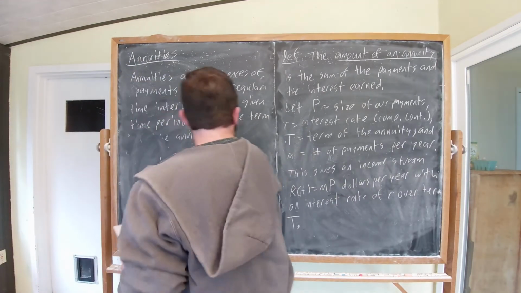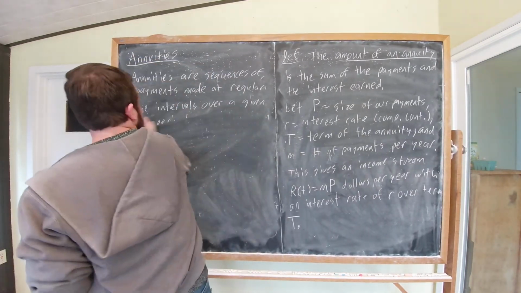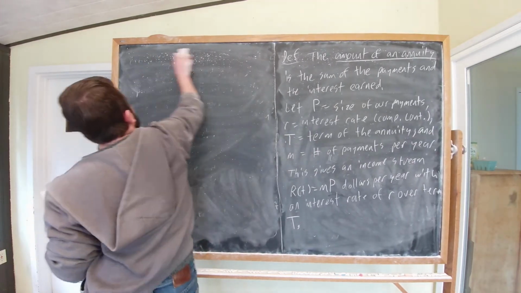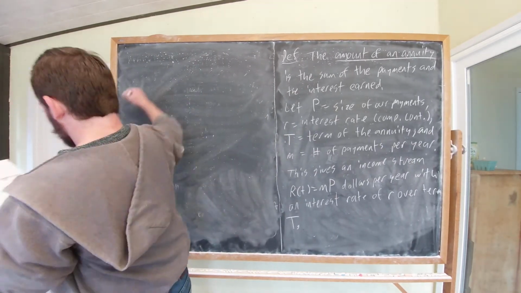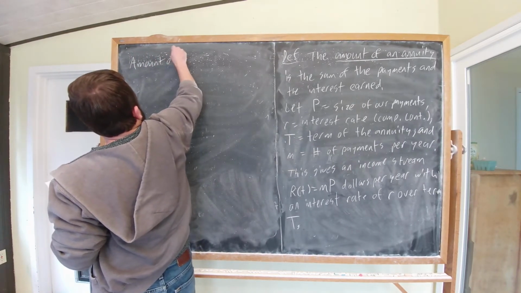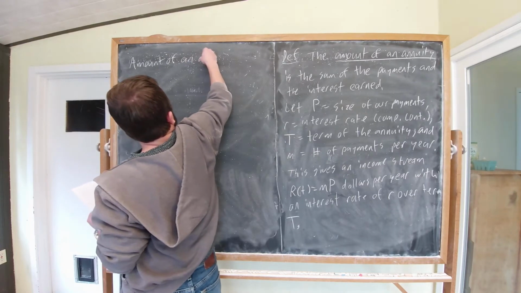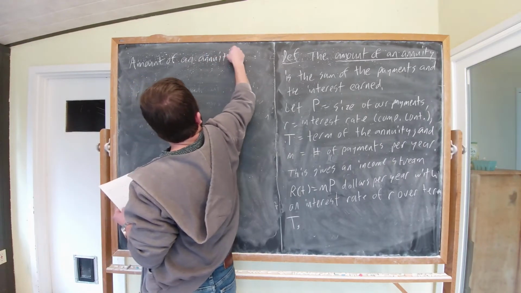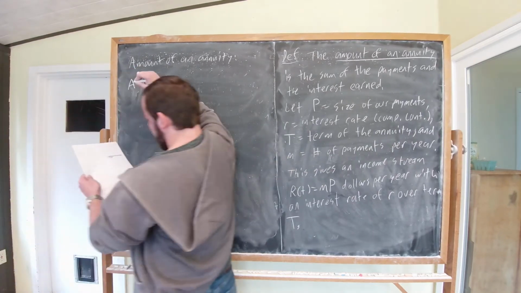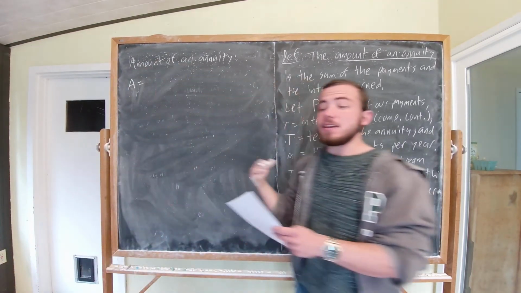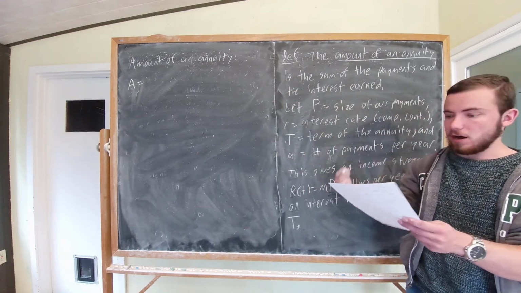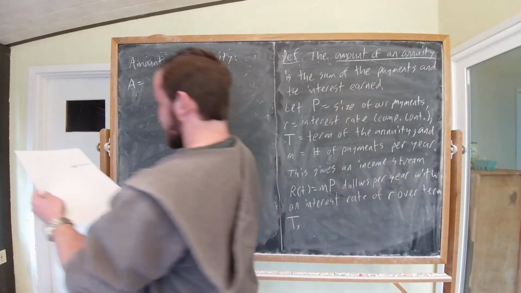All right, so we can now derive a formula for the amount in an annuity. If we let A be our final amount, well, the amount in the annuity is just going to be the accumulated value of our interest stream.